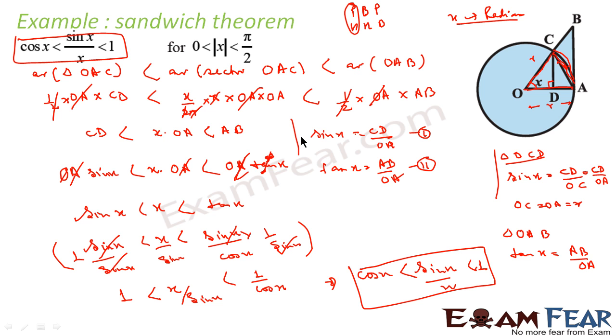So we got these two equations, sin x is equal to CD by OA and tan x is equal to AB by OA, and we replaced the values of CD and AB here. So we got sin x is less than x is less than tan x. We wrote tan x as sin x by cos x, and divided the whole thing by sin x. We got this equation, and we took the reciprocal to get the answer, that is cos x is always less than sin x by x is always less than 1. Using the sandwich theorem, we have proved this.